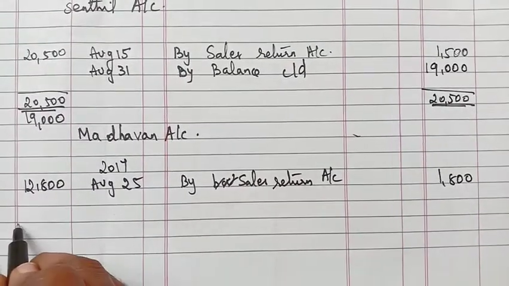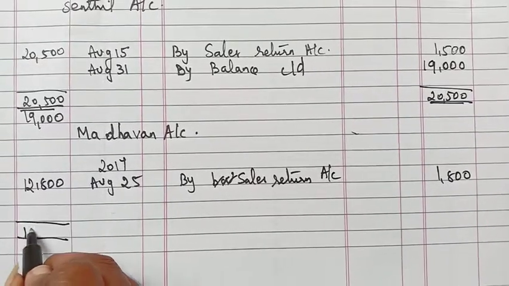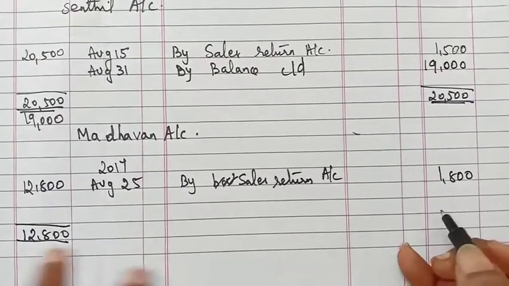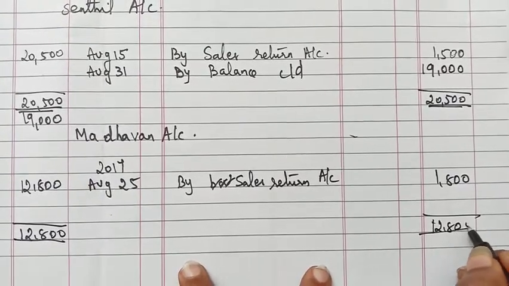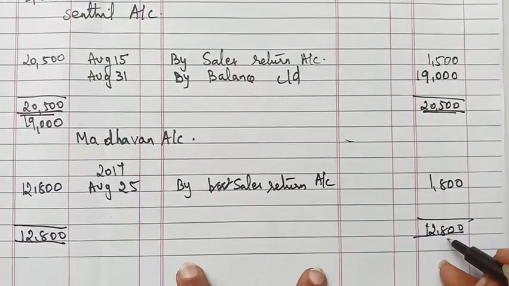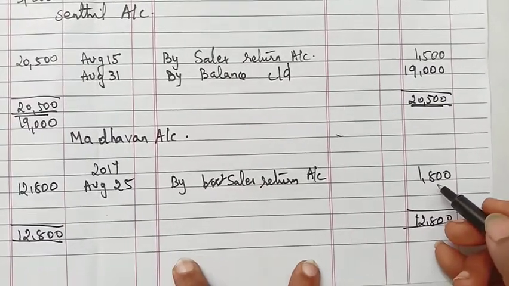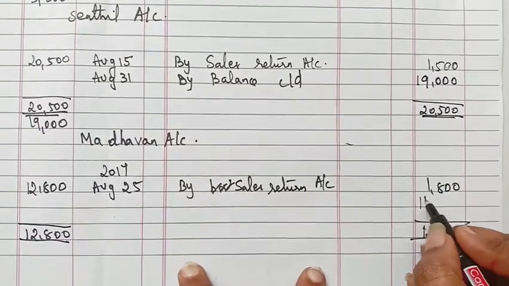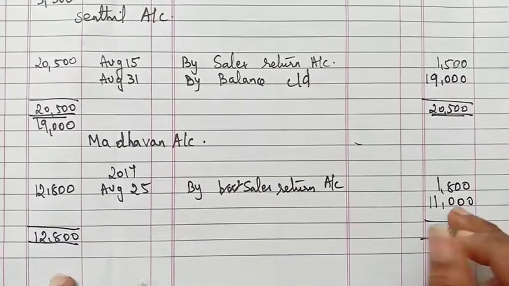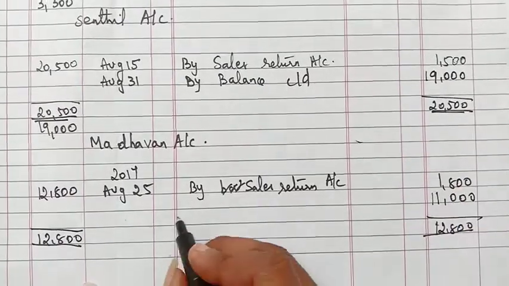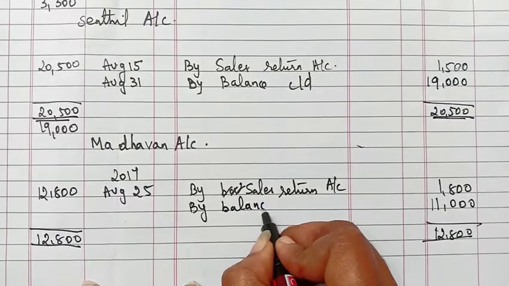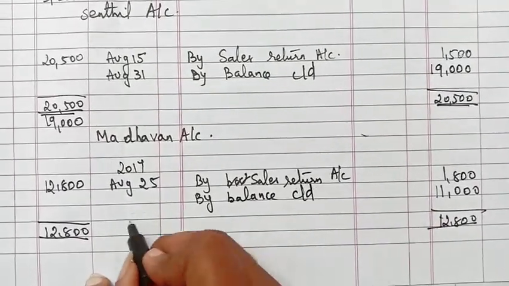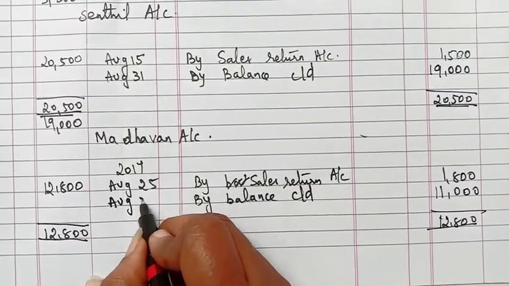So we'll add both sides. 12,800, here also 12,800. This side is lesser than the 12,800, and if you minus 1,800, we'll get 11,000. So this side is less, so we'll write here by balance carry down, and the date is August 31.